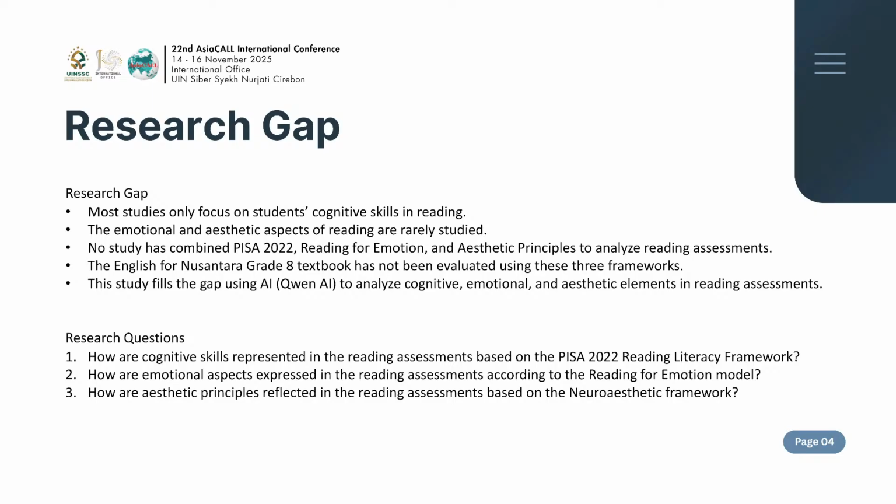And third, neuroaesthetic principles by Ramachandran and Hirstein 1999, which emphasize the aesthetic aspect of the text. The data were analyzed using the Miles, Huberman, and Saldana model, which includes data condensation, data display, and conclusion drawing and verification. To ensure accuracy and objectivity, this study was also supported by an AI assistant through Qwen AI.